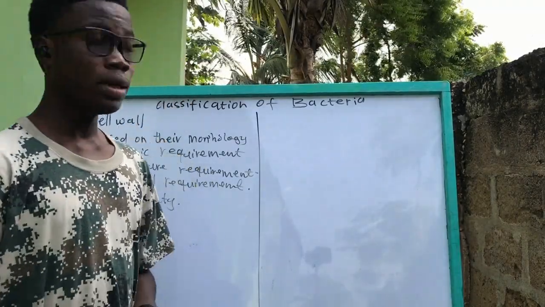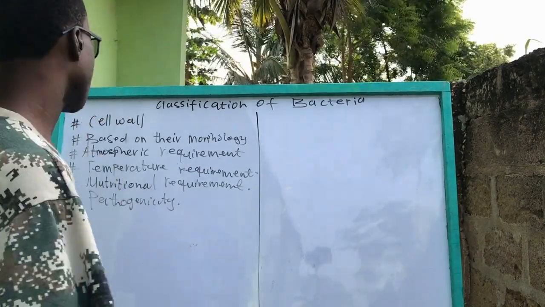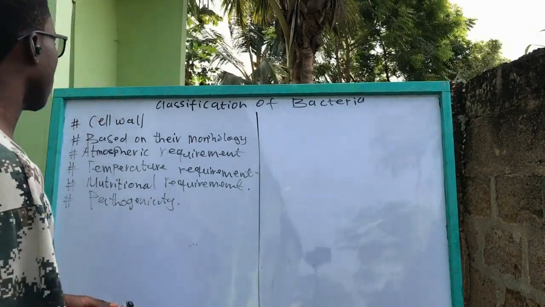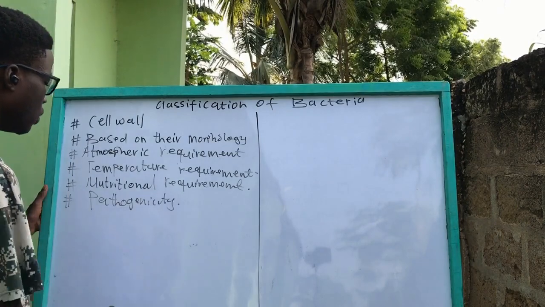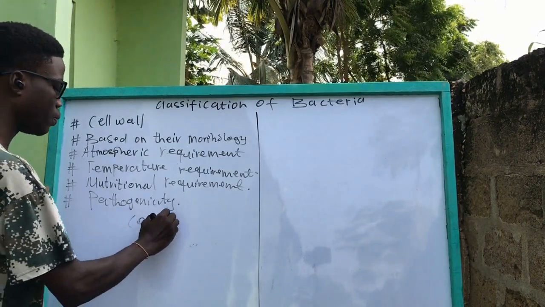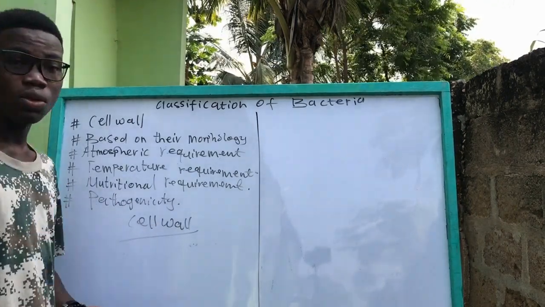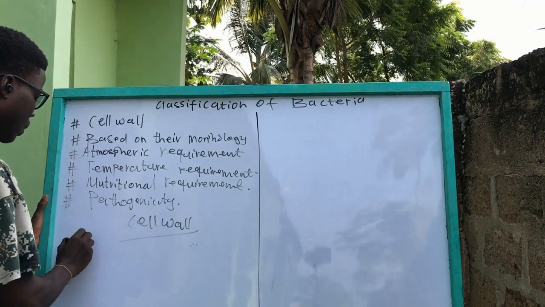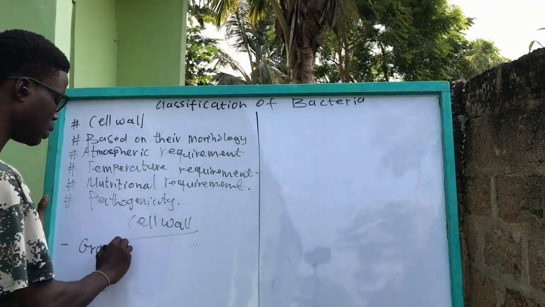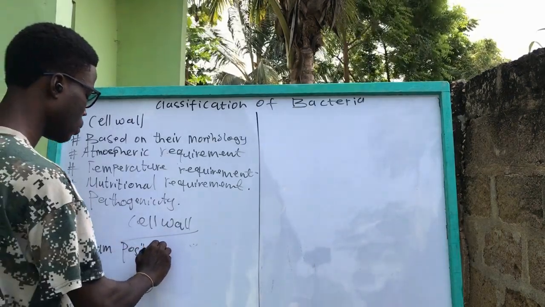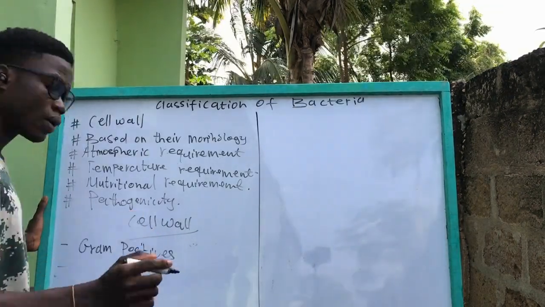Alright, so pretty quick, let's talk about their cell wall. Bacteria cell wall allows them to be classified into two categories. We have the gram positives, and then we have the gram negative.